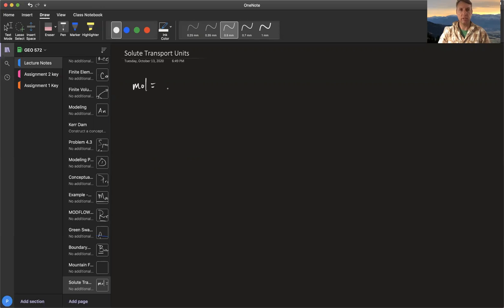But the mole is basically just a fancy or very large dozen, right? It's the same idea, and it's just a number of things.